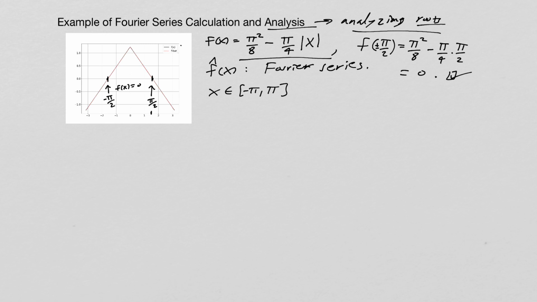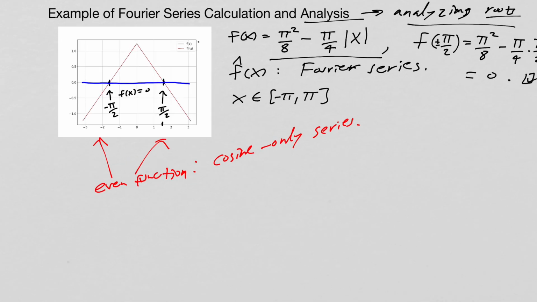All right, so what I want to do is compute the Fourier series. Another note is that this is, of course, an even function. And that means we're going to get a cosine only series. Another note is that if I look at the graph of this function, there is the x-axis there.